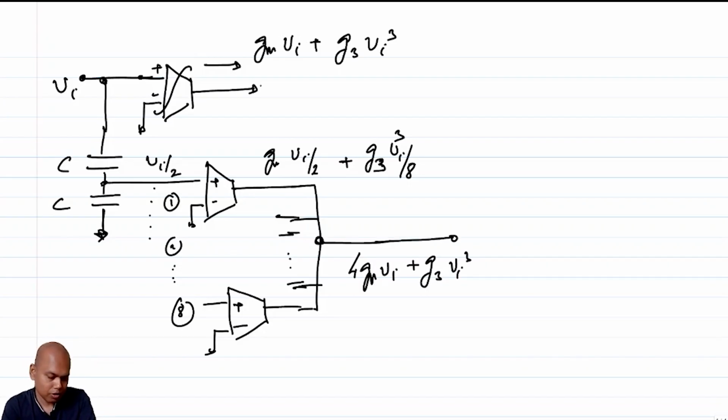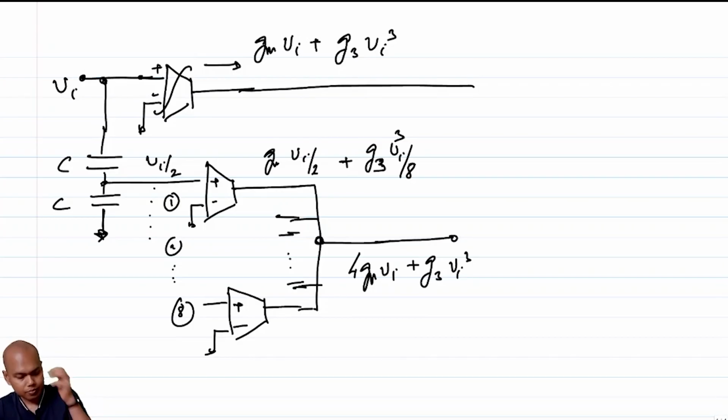And then you subtract these two. How do you subtract? You might say that in order to subtract, I need another amplifier, but not necessarily, if you have access to both terminals.